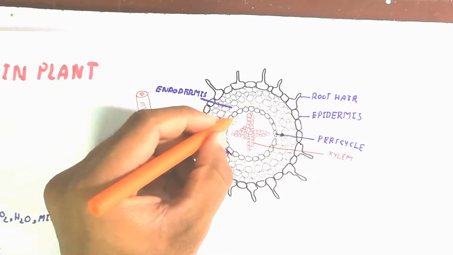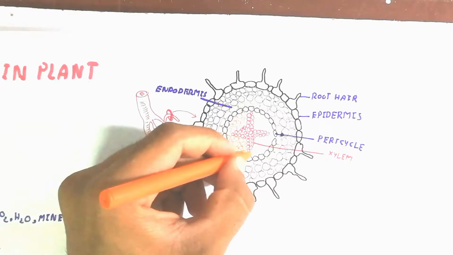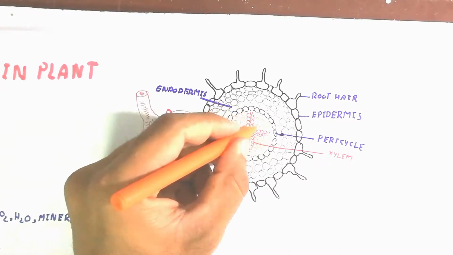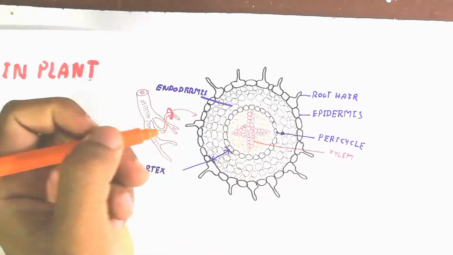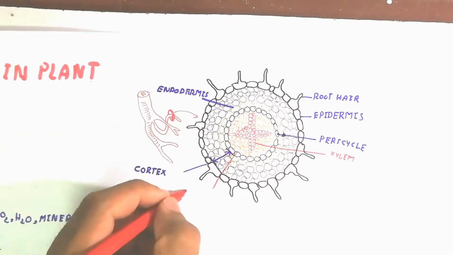Here is the xylem, shown in red, and the orange color shows the phloem. The xylem moves inside and the phloem moves outside due to the vascular cambium, which is present between the xylem and phloem.